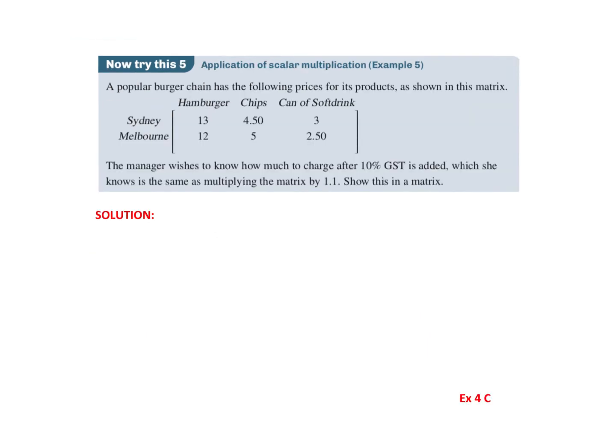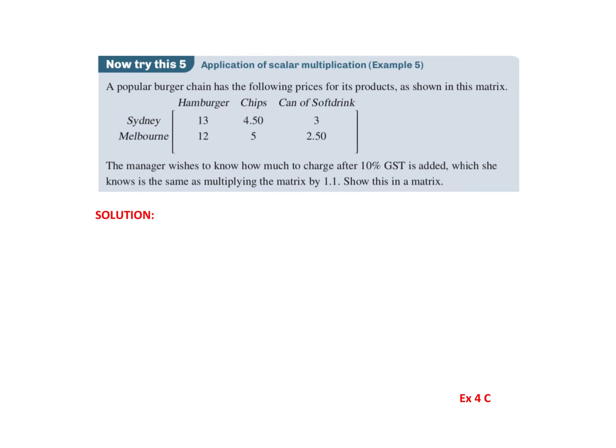This is a practical question with scalar multiplication. A popular burger chain has the following prices for its products, as shown in the matrix. We've got Sydney and Melbourne and the products they sell: the hamburger, chips, cans of soft drink.